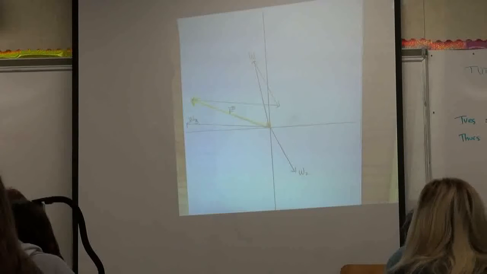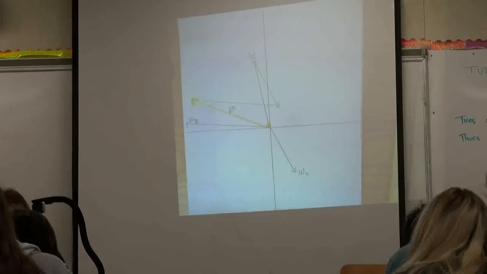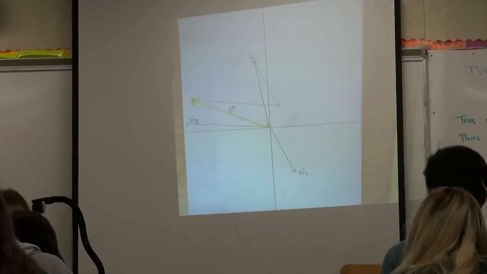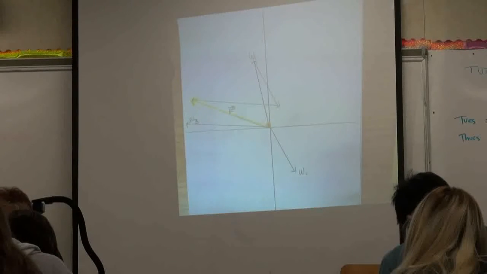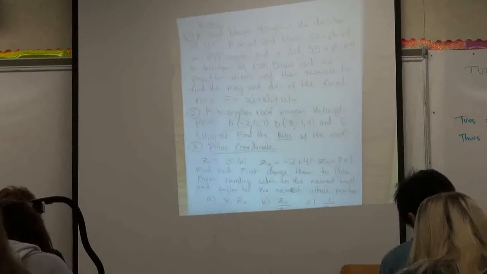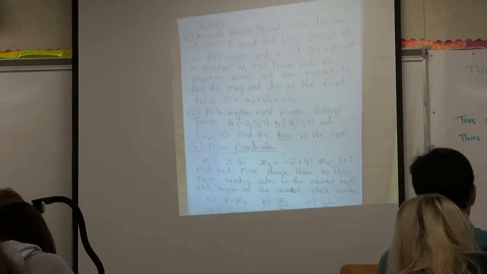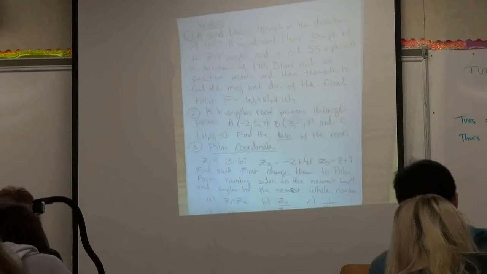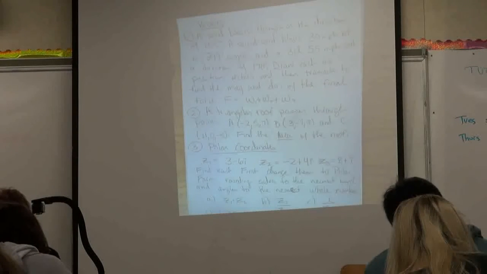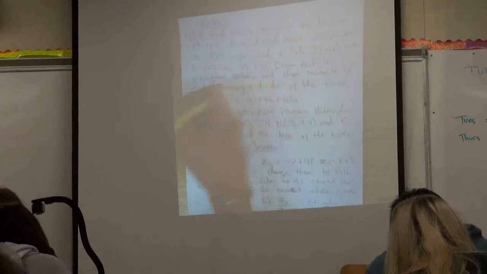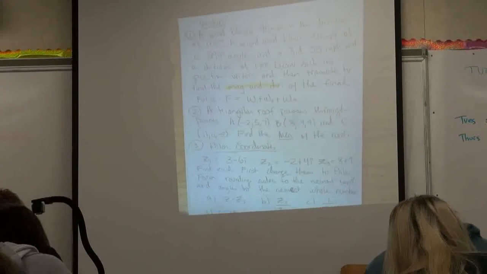Now, we're not done, because according to the instructions, we still have to find the magnitude and direction of the final vector. We still need to find the magnitude and direction of the final force.